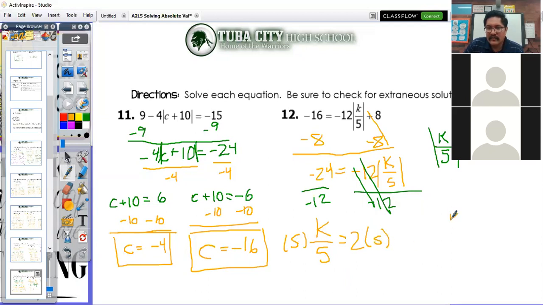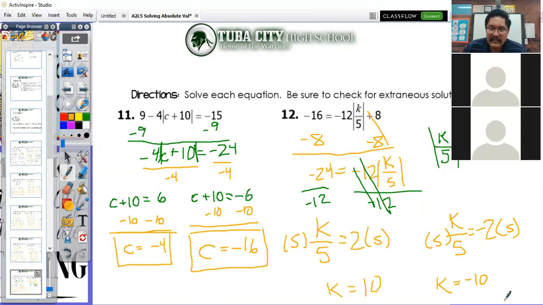I should also create my negative case while I'm here, that way I don't forget which one was which. So K equals 10. Same thing with this side, multiply both sides by 5, and K equals negative 10.